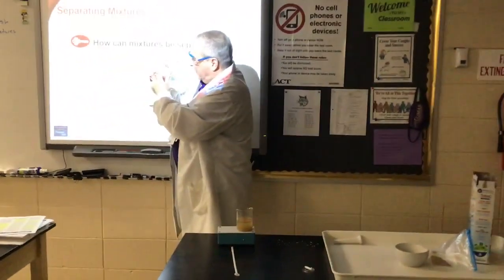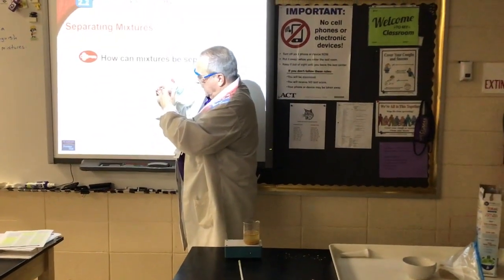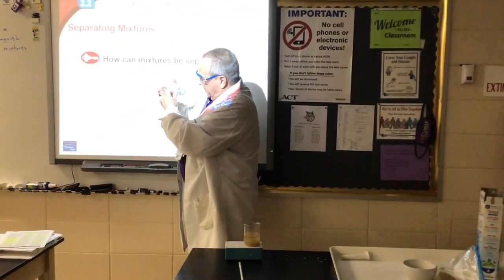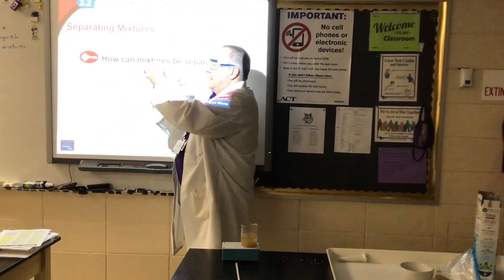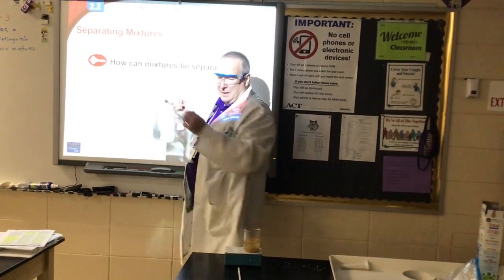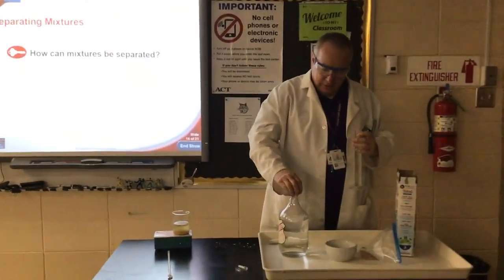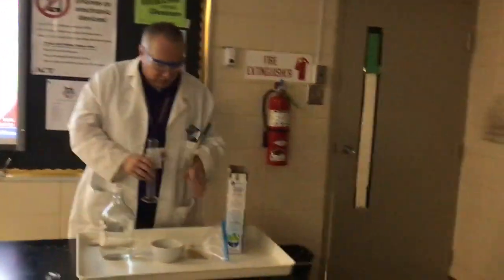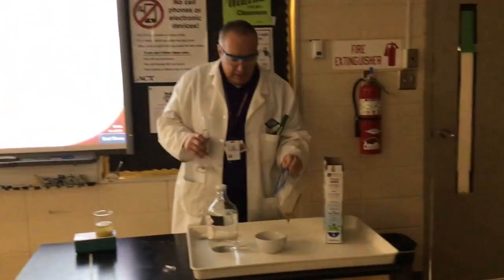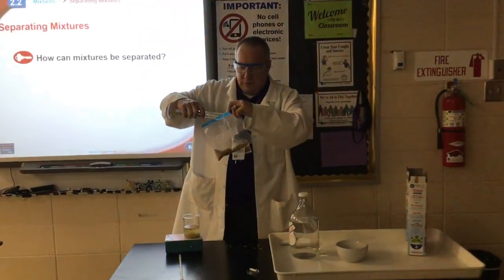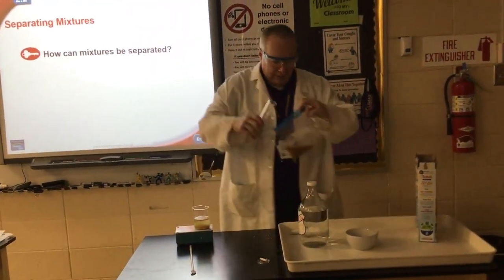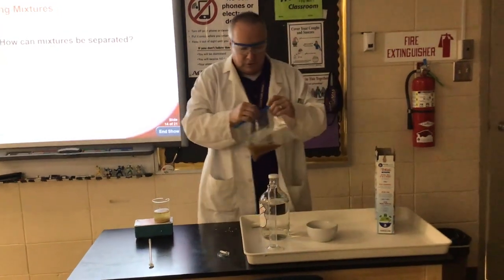I'm pouring it into a 100 ml graduated cylinder. And I now have 100 milliliters of water. And I'm going to mix this in with the Total. Should be milk, I know, but water is better suited to our purpose.